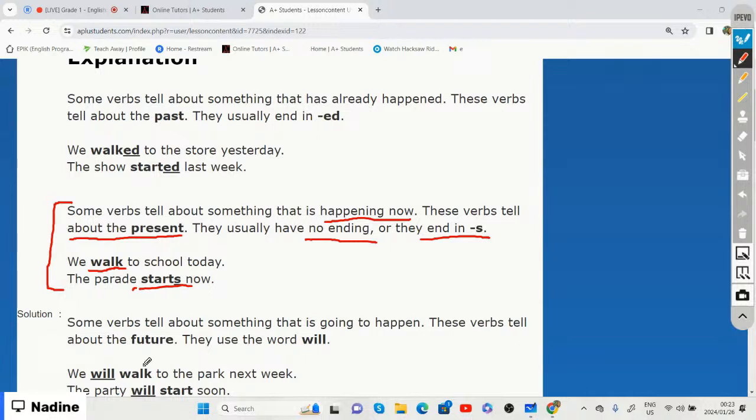And like we say, the present tense either has no ending. So our verb has no ending, and usually the verb has no ending when we are referring to more than one person or more than one thing doing an action.